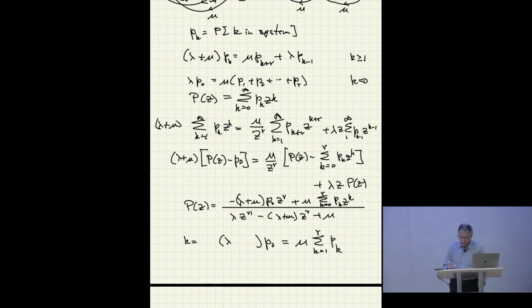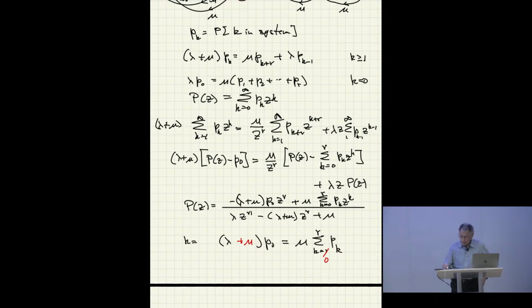Now, if I, in red, add mu on the left-hand side, I've added a mu p0 to the left-hand side. If I change this lower limit to 0, I've added mu p0 to the right-hand side. So that's legal.